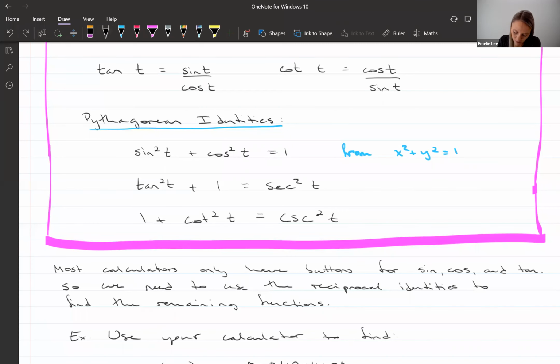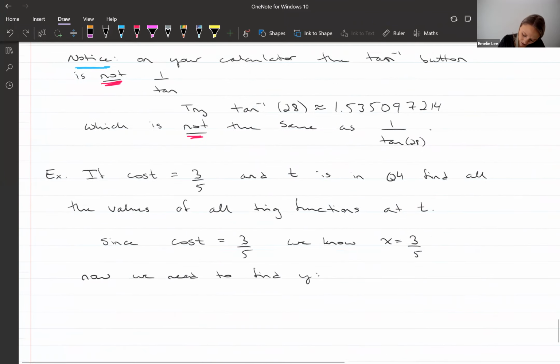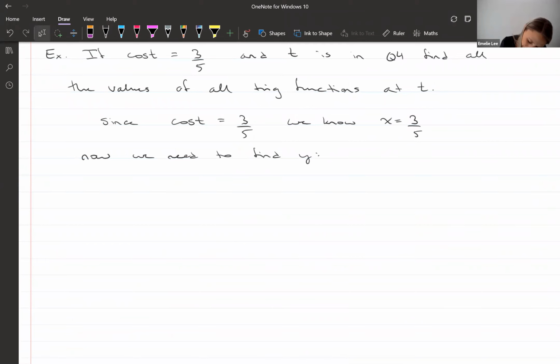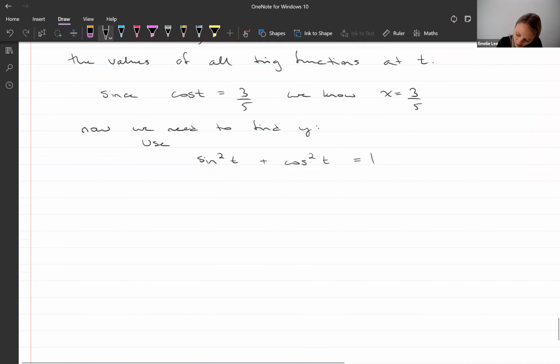Sine squared t plus cos squared t is 1. Use sine squared t plus cos squared t is 1 to solve for sine of t, which is y, right?